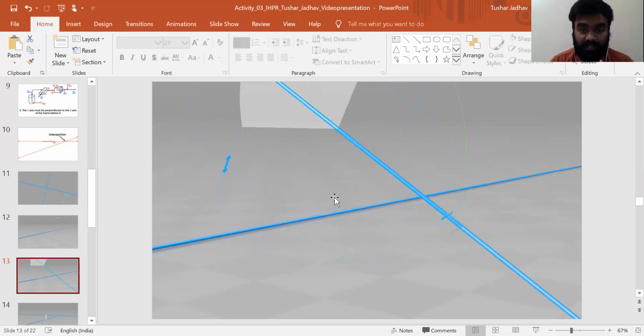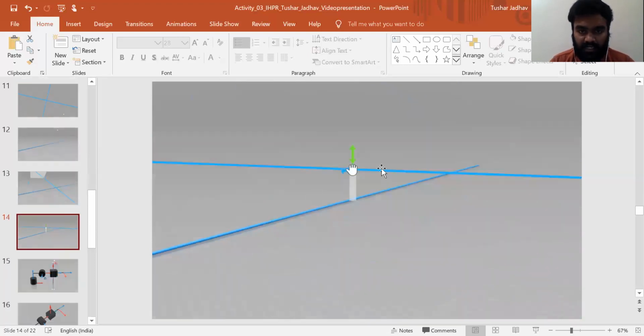Make a note that the angle between these two should always be 90°. The second method is we can translate the upper line to the lower line until it meets a certain point of intersection. So these are the two simple methods by which we can make these two lines intersecting.